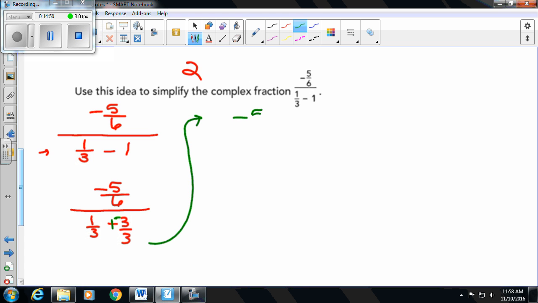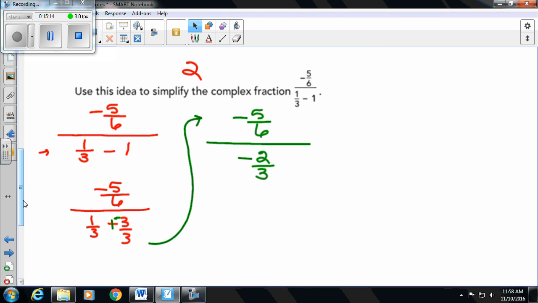So in the numerator, I'm left with negative 5/6. And in the denominator, 1 plus negative 3 is negative 2 over 3. Now I can work by finding my least common multiple of 6 and 3, because they're the baby denominators. So it's 6 times 6.